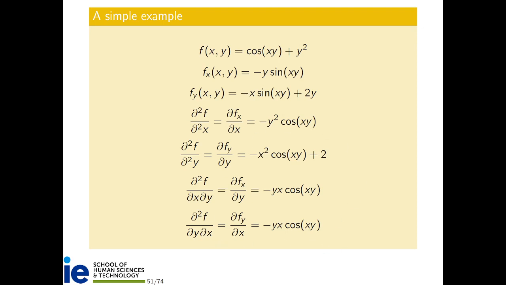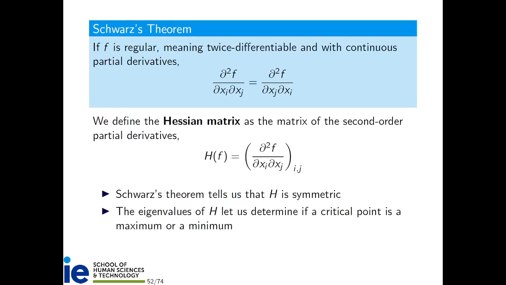And one thing that we can notice is that two of these are equal, and this is not by chance. So this is what is called Schwarz's theorem, which tells us that under some conditions that for us are always met, if I compute the second derivative and I first compute the derivative with respect to xi and then with respect to xj, it is the same as computing the first derivative with respect to xj and then with respect to xi.